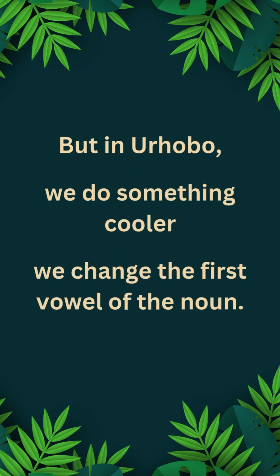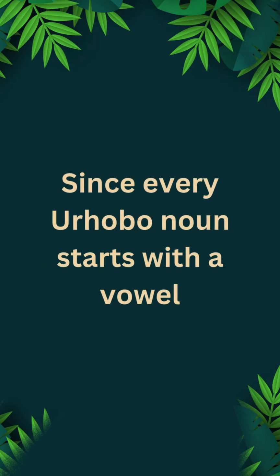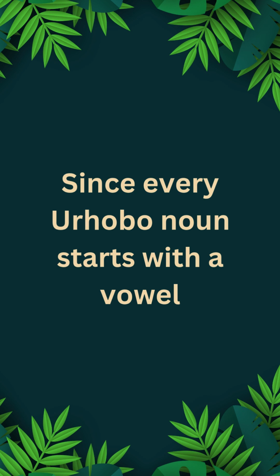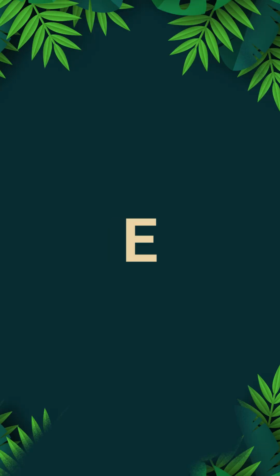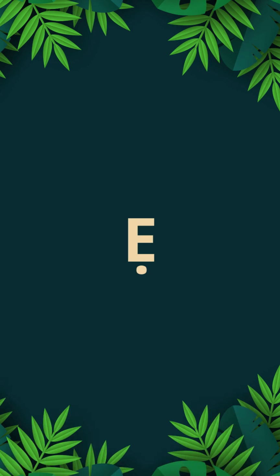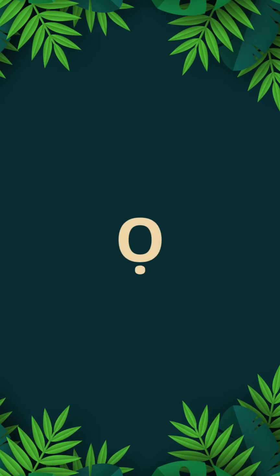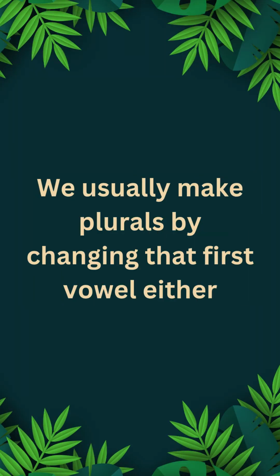We change the first vowel of the noun. Since every Urhobo noun starts with a vowel, a, e, i, o, u, we usually make plurals by changing the first vowel to either a or e.